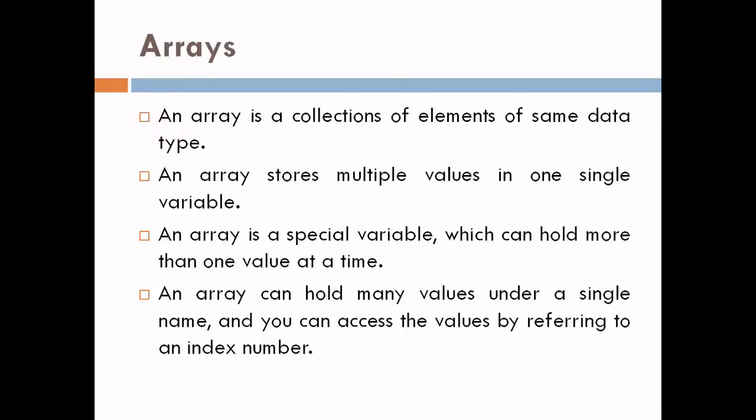But if we want to store all the 10 student records under a single name, that can be done with the help of arrays. In arrays, all the elements are accessed using an index number. The index number is also known as a subscript number, and it is almost the same as an index of any book.